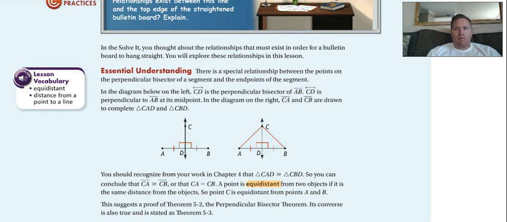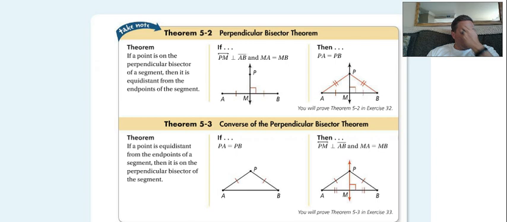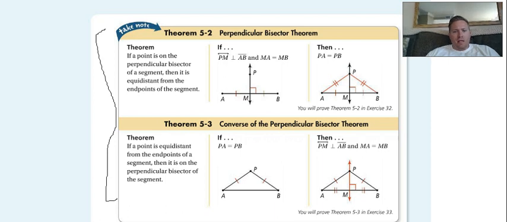Alright, and so we have a few theorems to look at. The first two that we're going to look at is this right here, and it is the perpendicular bisector theorem. Okay, so you're going to write down everything in here and the pictures. So the theorem says this: if a point is on the perpendicular bisector of a segment, then it is equidistant from the endpoints of the segment.